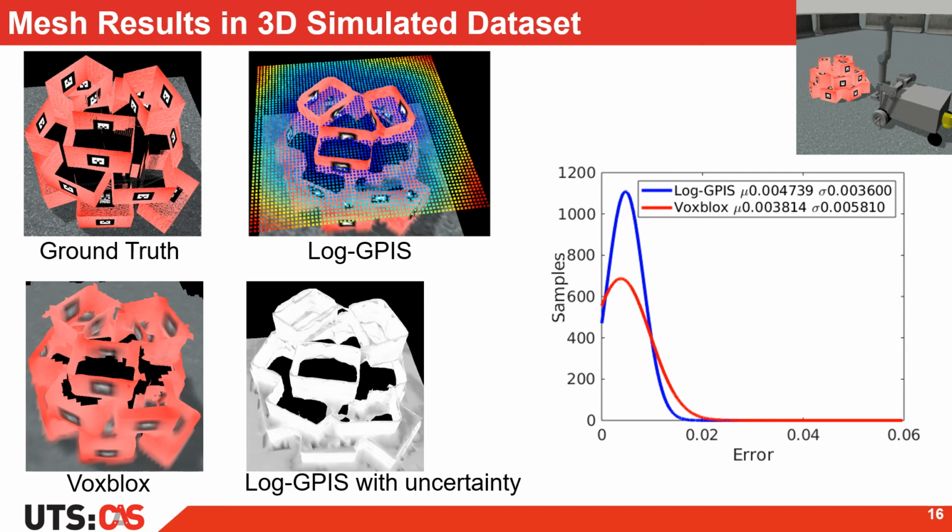The median computation time per frame of VoxBlocks is 1.5 seconds. Our log GPS consumes a median of 4.5 seconds, which allows online operation. Note that our method can evaluate only a horizontal line to save time for collision checking for navigation purposes. The median time is reduced to 3.2 seconds.